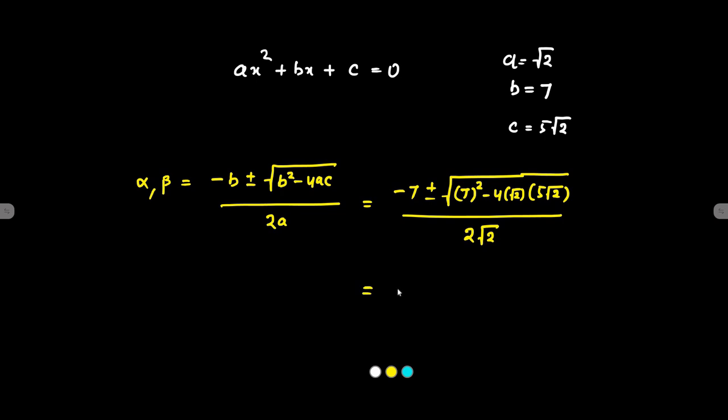This is equal to minus 7 plus minus root over of 49 minus 5 into 4 is 20, into 2, that is 49 minus 40. Okay, 5 into 4 is 20, 20 into 2 is 40, yes, by 2 root 2.